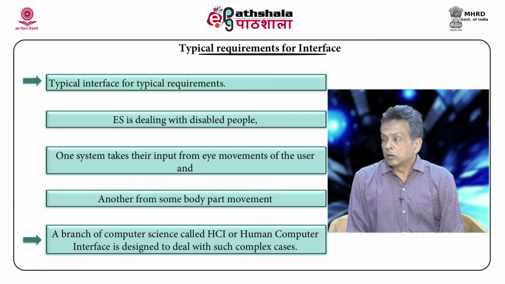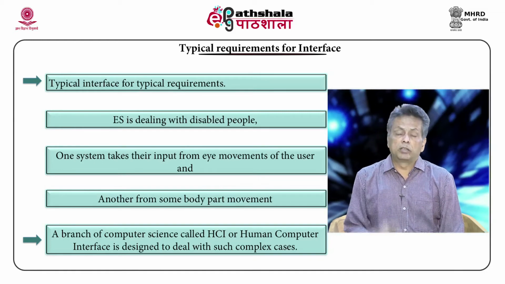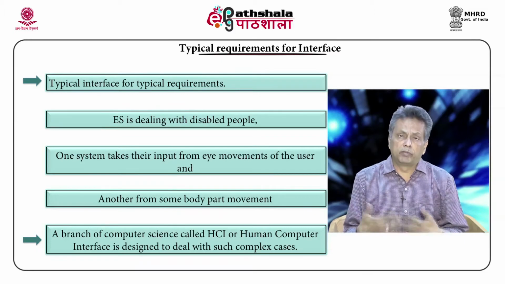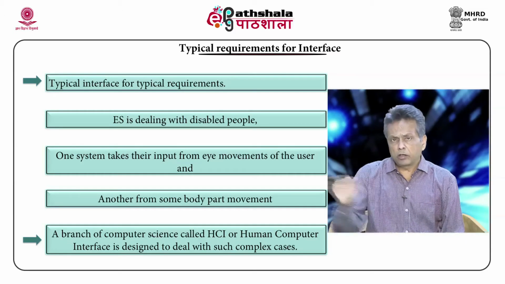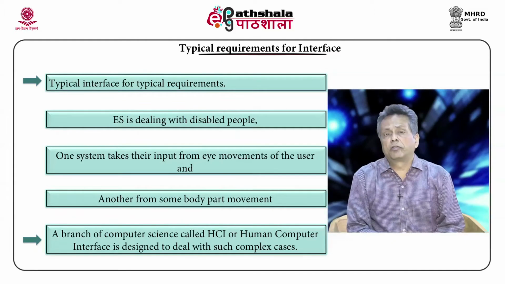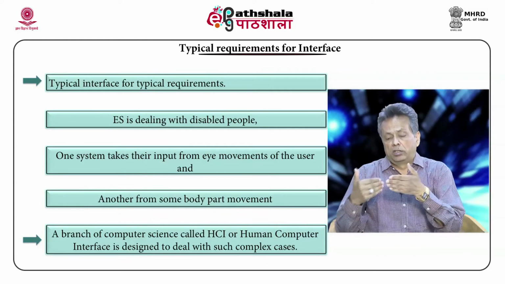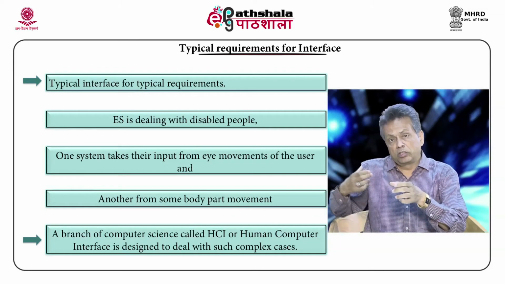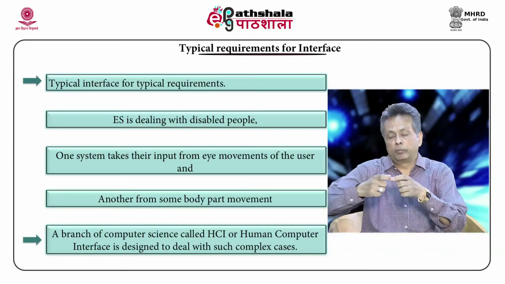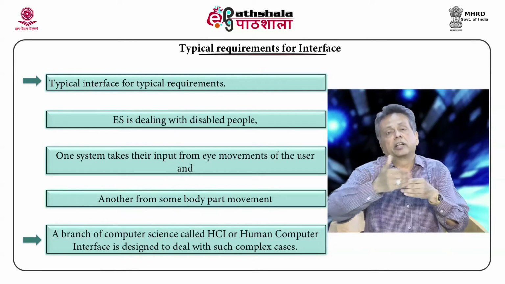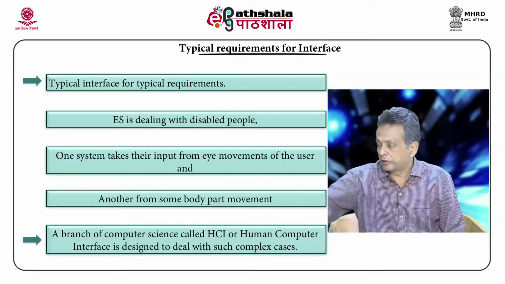And from some other body movement also, people have designed computer interfaces. We are not talking about that interface. We are talking about the interface with the knowledge of the same type, where because of this interface a different user gets a different response.